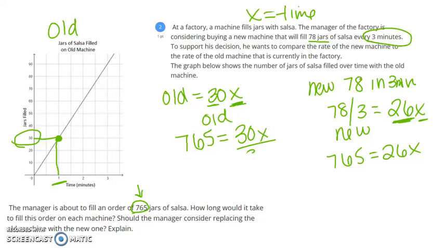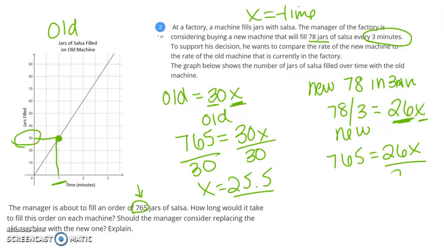So if I follow my rules for solving equations, and I take 765 and divide that by 30, I get 25.5. So, I apologize, in 25.5 minutes, the old machine will make the 765 jars.